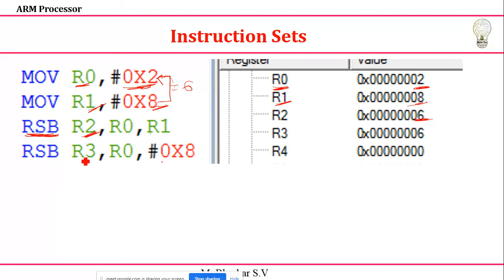In the RSB instruction, with the help of a register you can subtract, or with the immediate value also you can use. So here I'm going to use the immediate value #8. This 8 minus R0 content. R0 content means what is the value now? 2. Again 8 minus 2, the result will be stored here. I'll get 6. Clear? This is the way of subtraction.